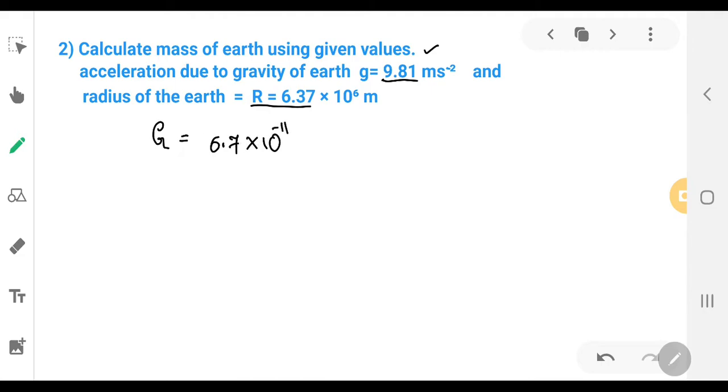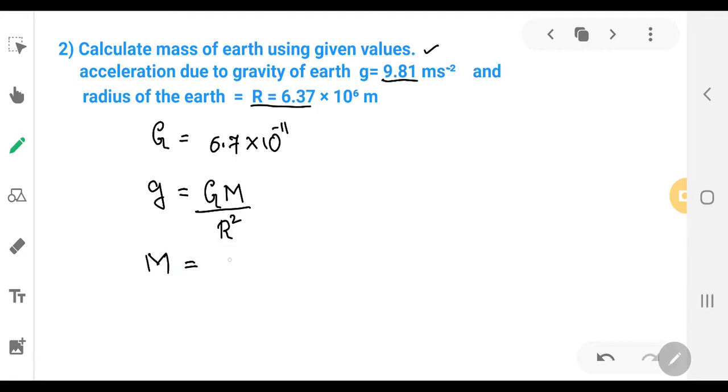So the possible equation that we can use is acceleration due to gravity, g equals G m divided by r square. But in this equation, what is the required value? The m, the mass of the earth. So let us rearrange the equation for the m value.